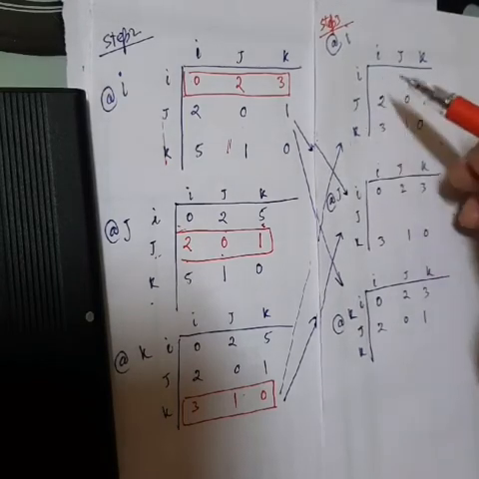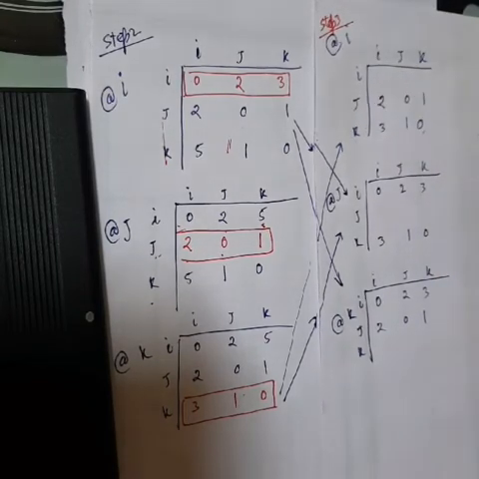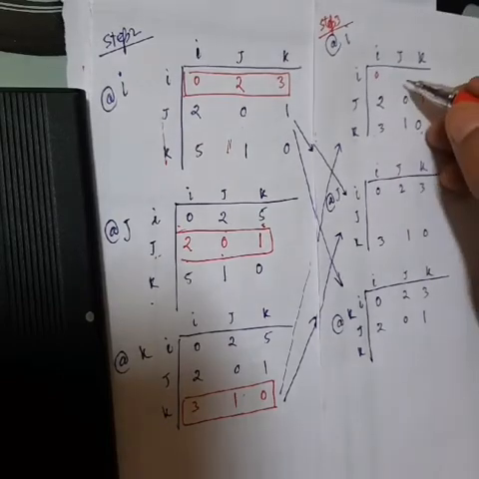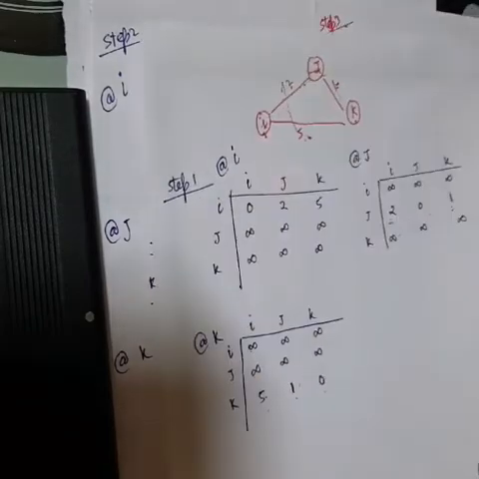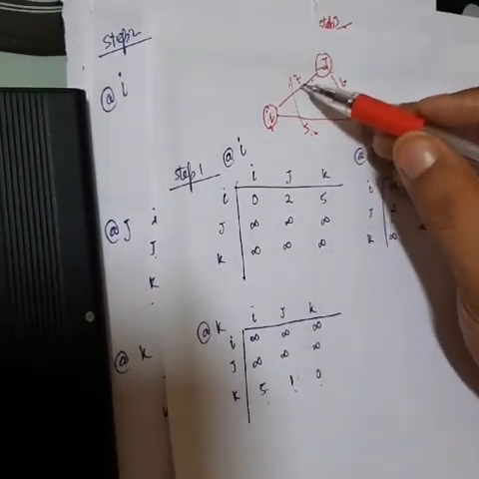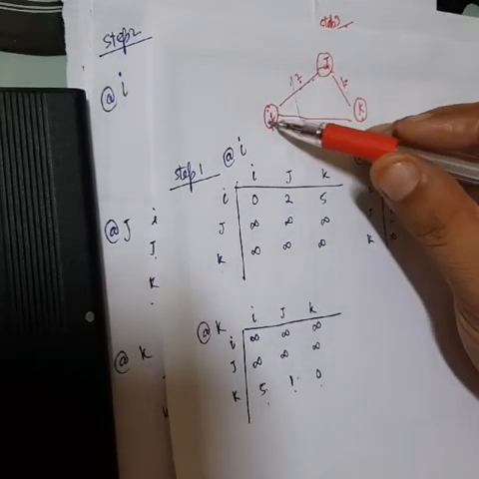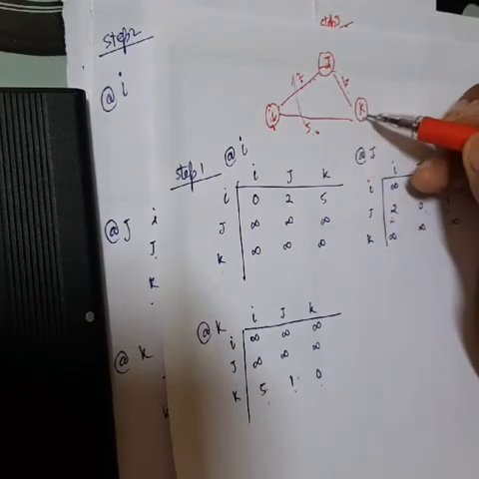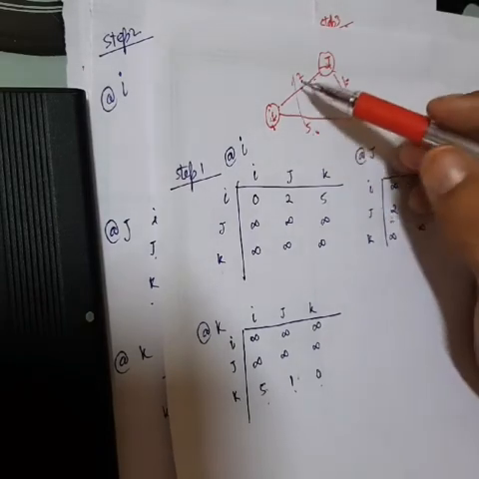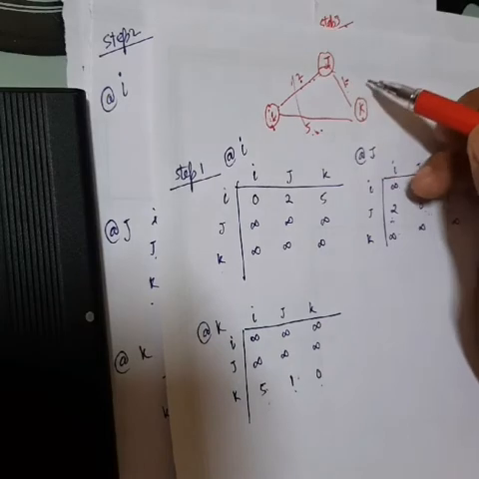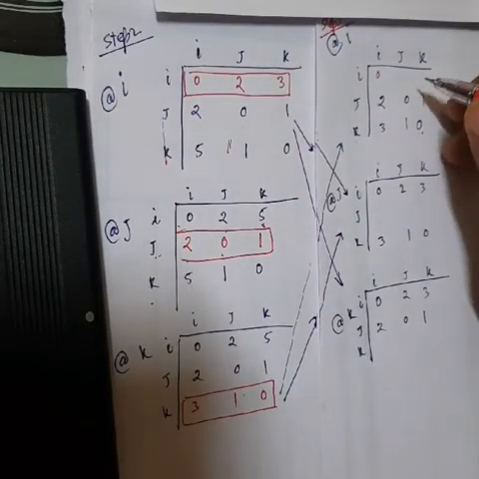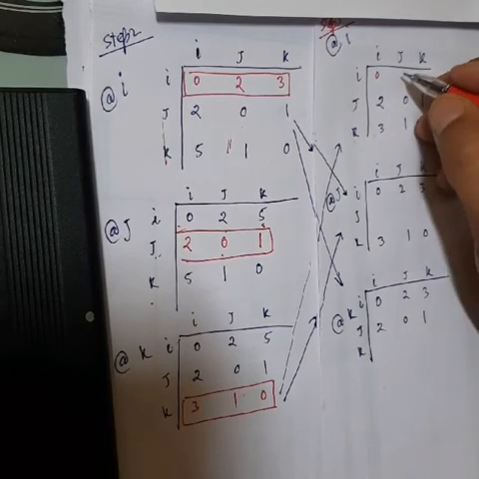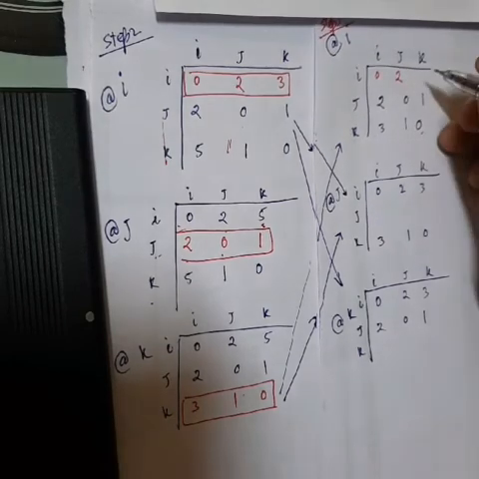As in the previous calculation, I to I is 0, and I to J is 2, and with the help of K, using the updated distance vector at K, I to K is 3. So 2 comma 3 plus 1 is 4. That means the minimum of 2 and 4 is 2. So 2 is the minimum value here.